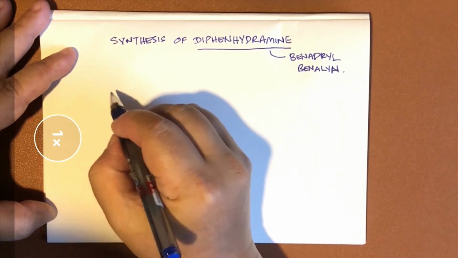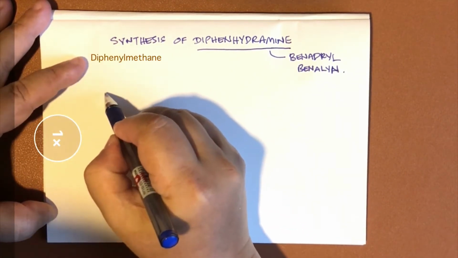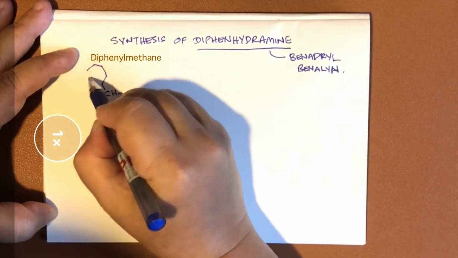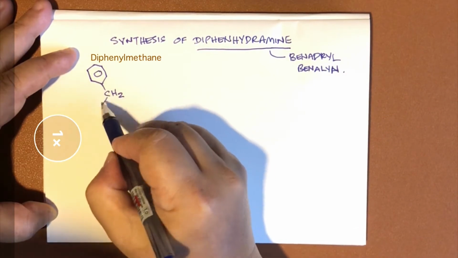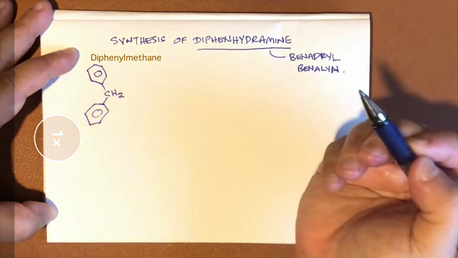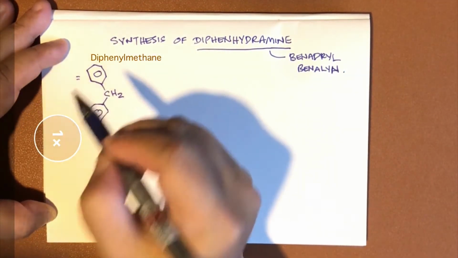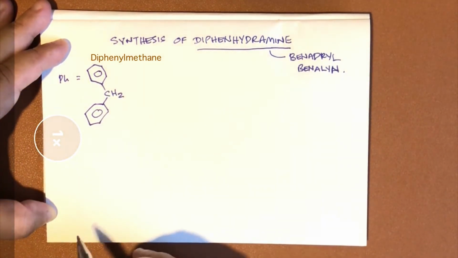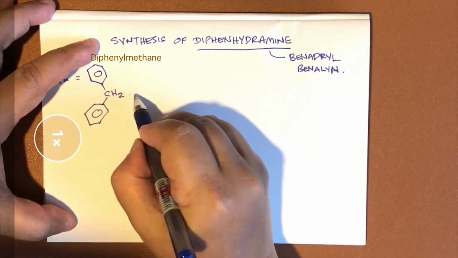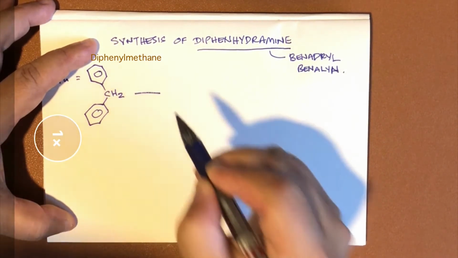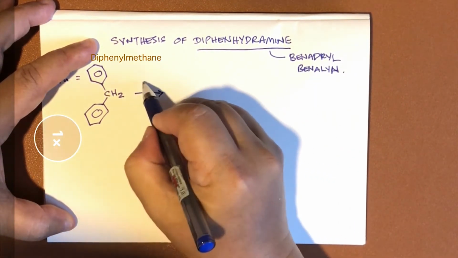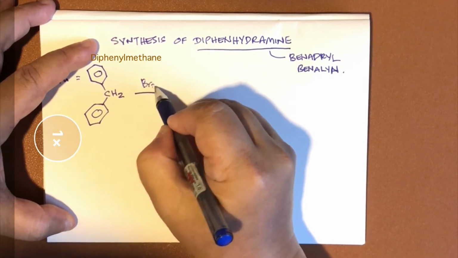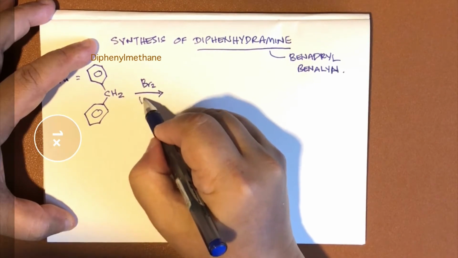So diphenhydramine can start from this molecule. This can also be represented as just Ph, or phenyl. Okay, and then it undergoes bromination. So you have bromine, Br2, and light.